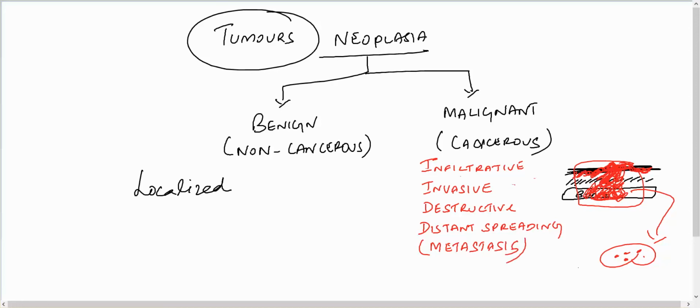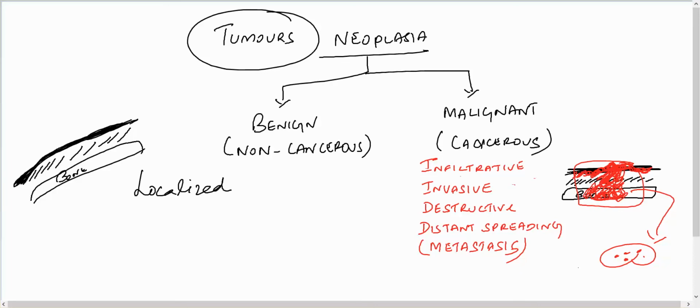When you come to the benign tumor, this is the skin, and you have a muscle, and we have a bone.